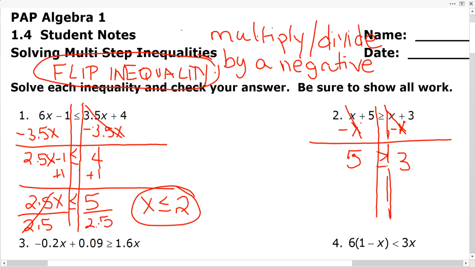And the answer is yes. So any number I put in for x, this will come out to be true because I'm always going to end up with my 5 and my 3, and 5 is always going to be bigger than 3. So my answer is infinite solutions. And I do not know why sometimes this does not write. Okay, infinite solutions for number 2.